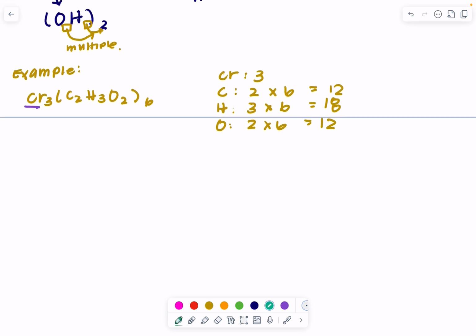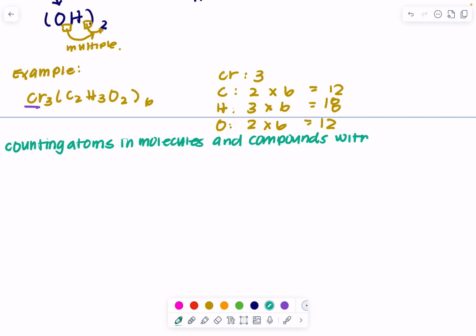The last thing we're going to do is counting atoms in molecules and compounds with coefficients. If you've ever balanced a chemical equation, you've probably seen something called a coefficient. If you have not balanced a chemical reaction, don't worry, because that is our next lesson for both classes.